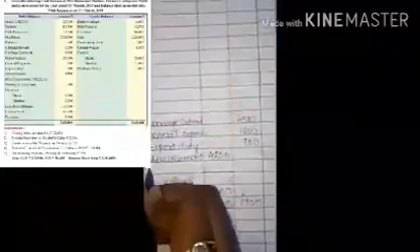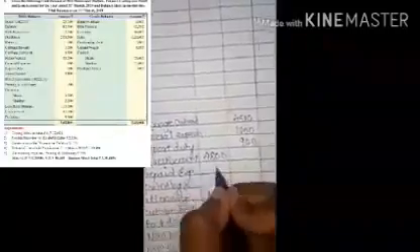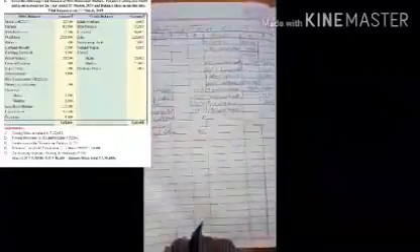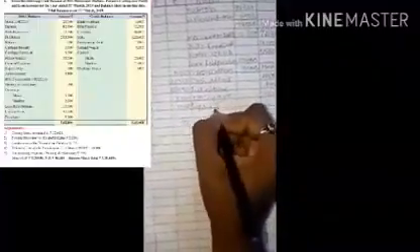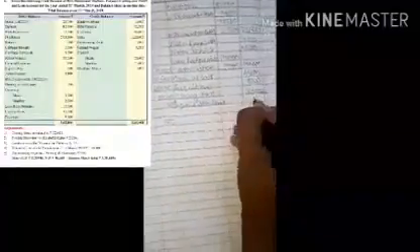In that we have to write less prepaid expense 4,000, outer column 800. Okay. Second effect in balance sheet asset side, prepaid advertisement, outer column 4,000.